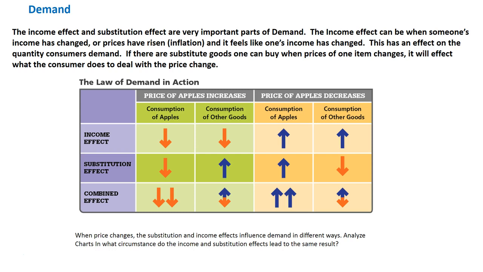Your dollar doesn't go as far. Your purchasing power is diminished or drops. And because of that effect, you're going to change what you do and don't buy, or what you do or don't demand. This will have an effect on the quantity that you will demand of certain products.